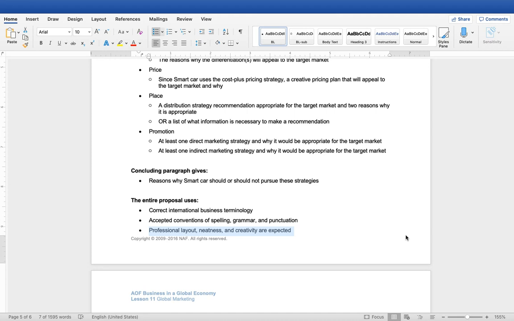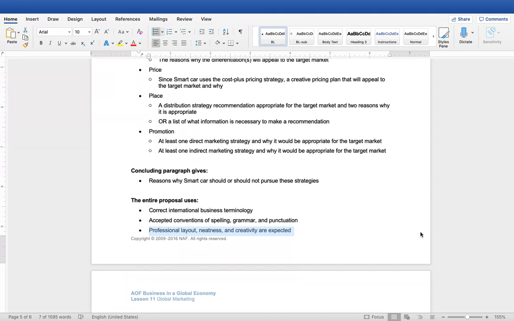If you want to include pictures, you can, but a marketing mix proposal will most of the time not have pictures. Pictures are reserved for your business plan, which we are not doing in this particular class. Because we are not putting together a big business plan, you're more than welcome to incorporate a few pictures, not too many. We don't want to overwhelm with pictures. We really want the content, okay?